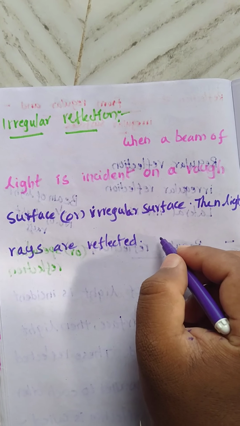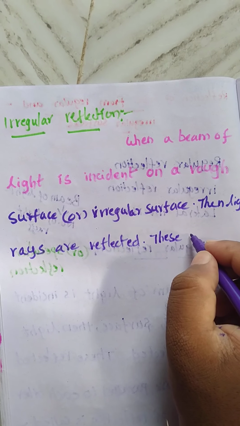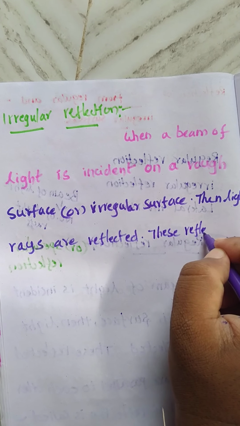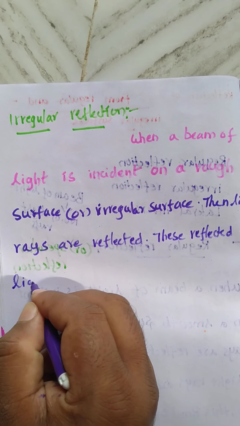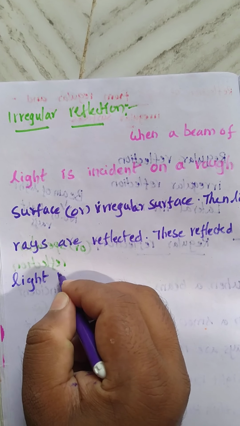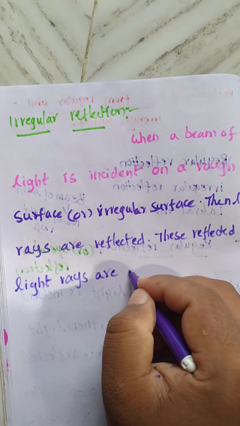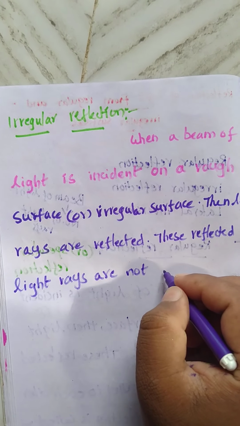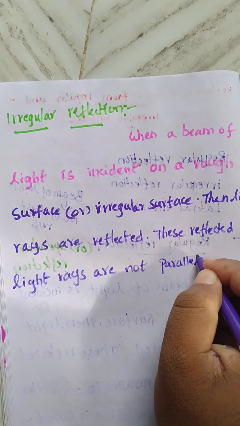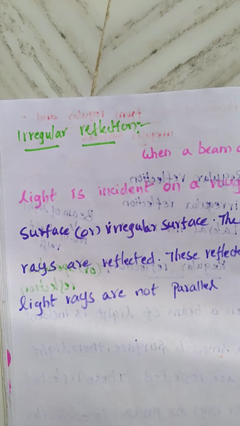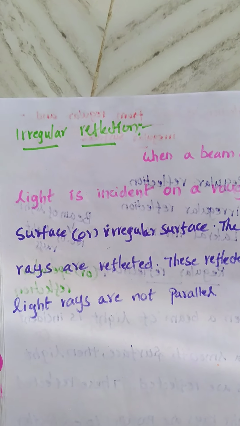But these reflected light rays are not parallel to each other. Why? Because they are not incident on a smooth surface. If incident on a smooth surface, the reflected light rays are parallel to each other.